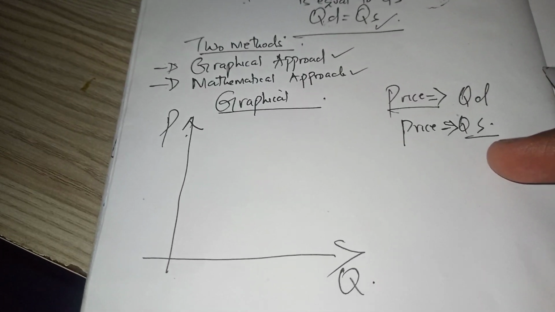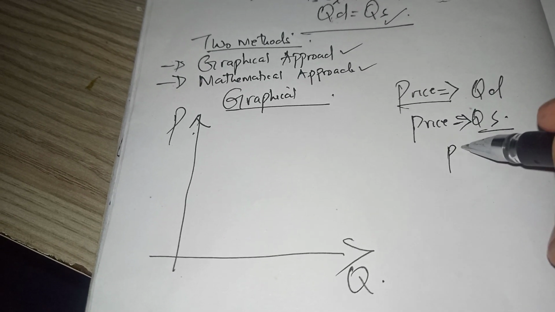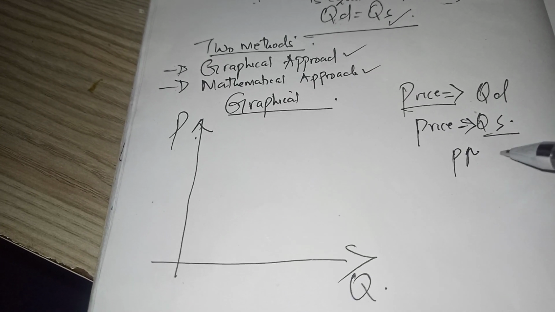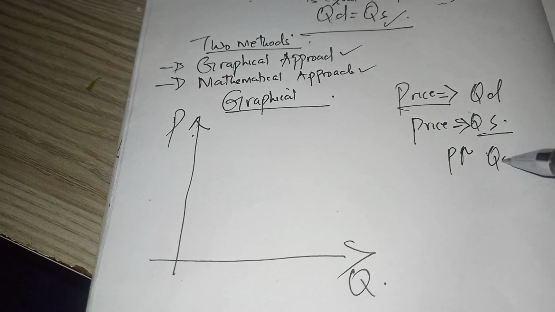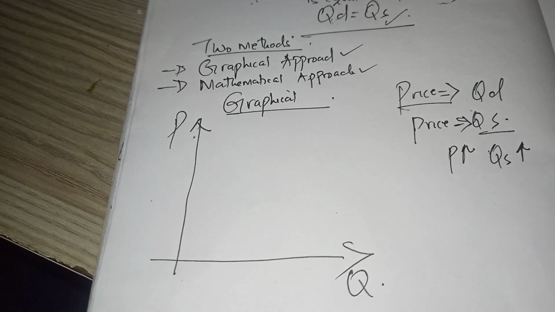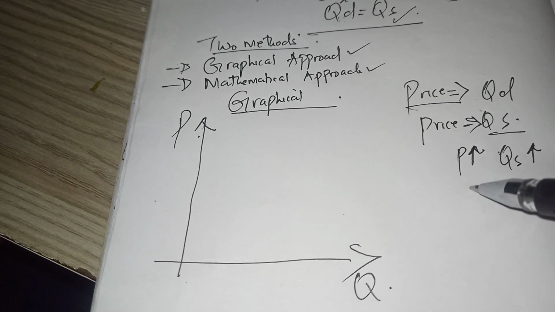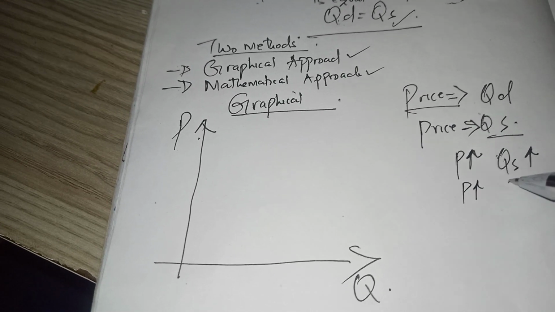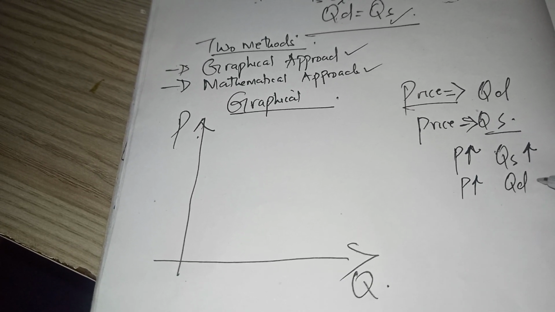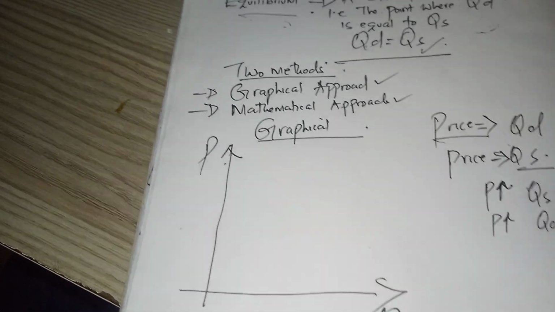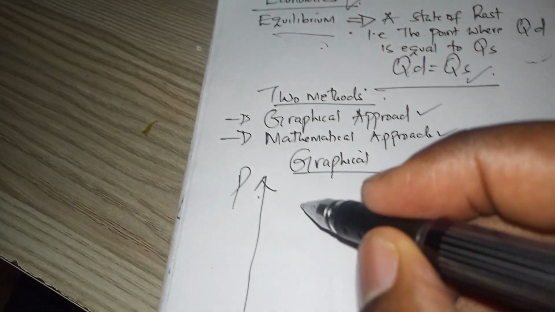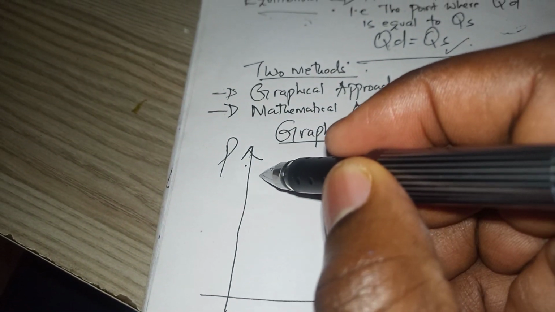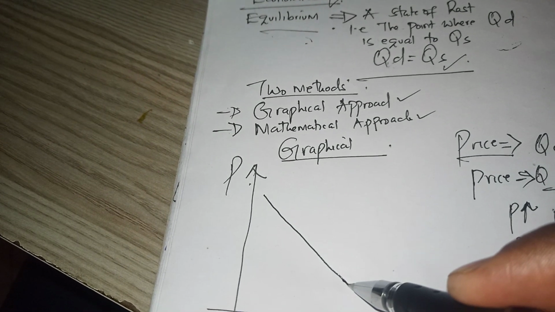So the law of supply states that when prices are high, quantity supplied is also high. And the law of demand, when prices are high, quantity demanded is low.